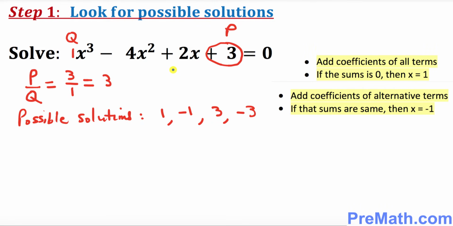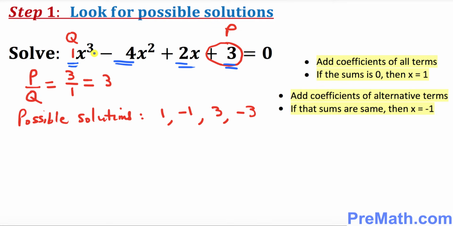However, if you have watched my previous videos, those videos state that if you add all these coefficients, and if their sum is equal to 0, then one of the solutions is going to be 1, x equal to 1.